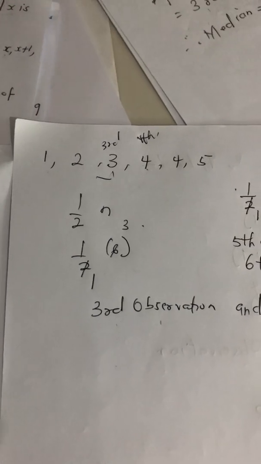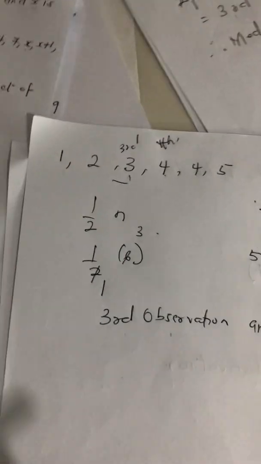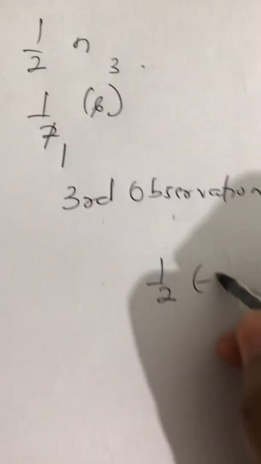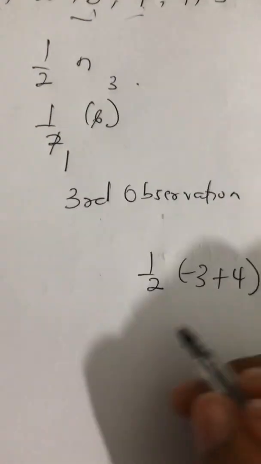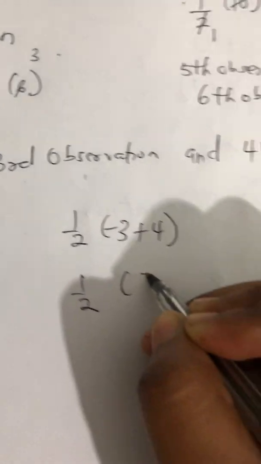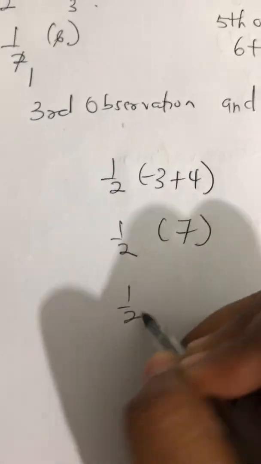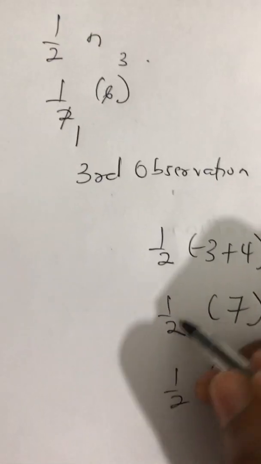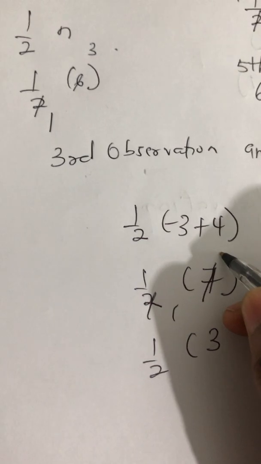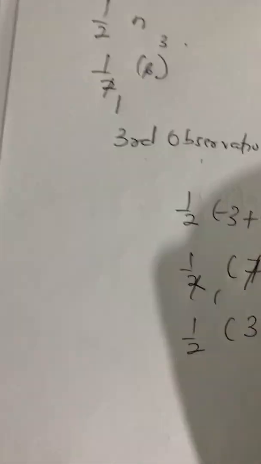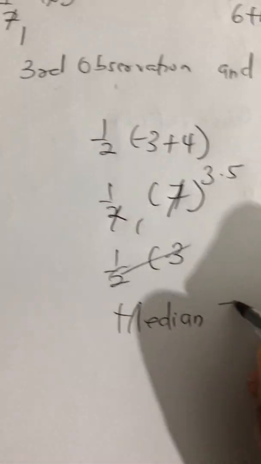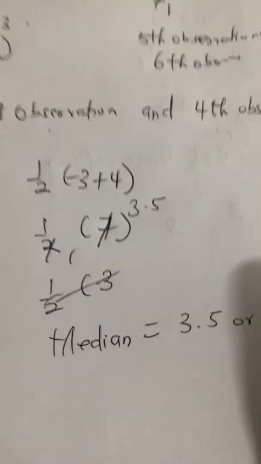So what you do now is find half of 3 plus 4, which is half of 7. So that means now your median is 1 over 2 times 7, 3.5. So our median is 3.5, or 3 whole number 1 over 2.